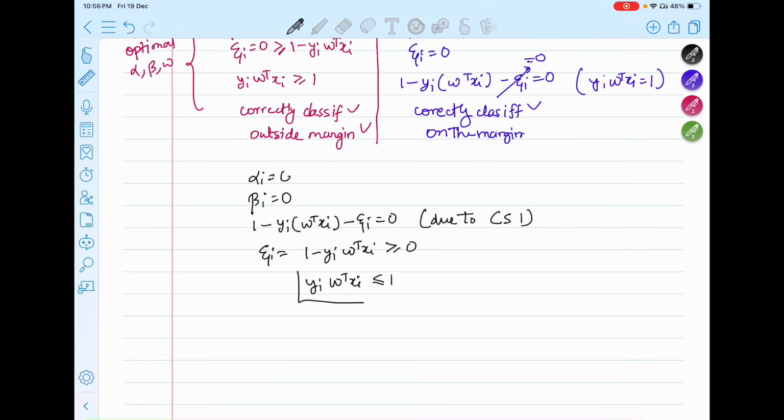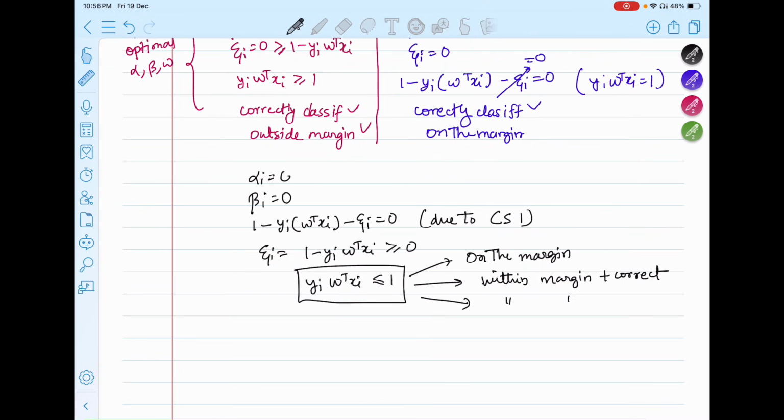This has a lot of interpretations if you observe carefully. It can mean on the margin. It can also mean within the margin plus correct classification. It can mean within margin plus incorrect classification.